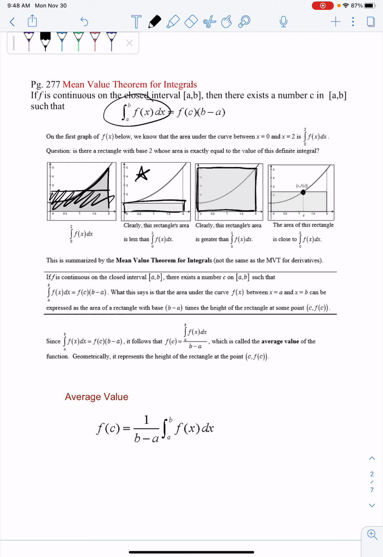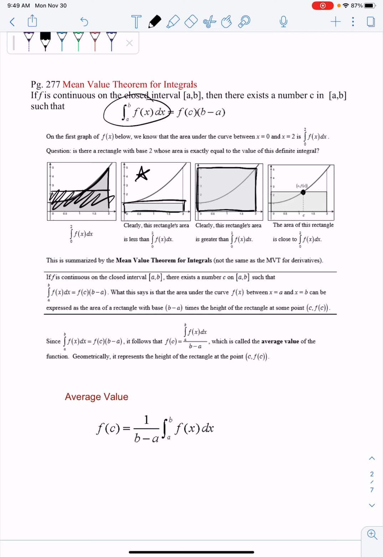Now, what's really powerful about that itself? Well, it's kind of a no-duh. You can make a great big rectangle outside of any shape, and it's going to be bigger than the real shape. And you can make a small rectangle and say it's smaller. But what makes it powerful is down here at the end.